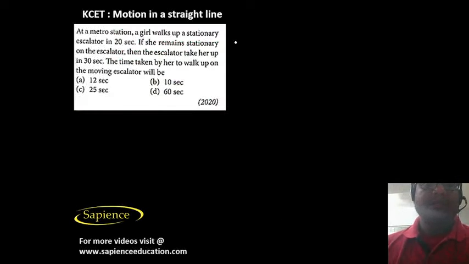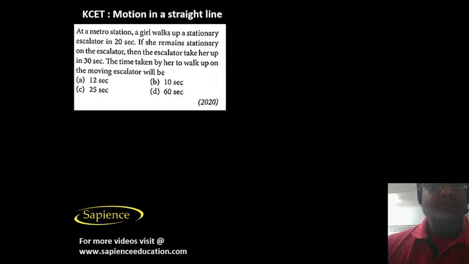Okay, so then we shall solve the last question of our live class. It is told that at a metro station, a girl walks up a stationary escalator in 20 seconds.